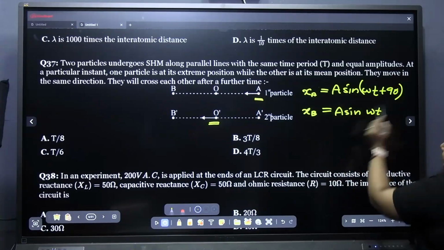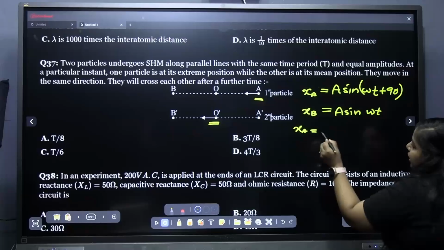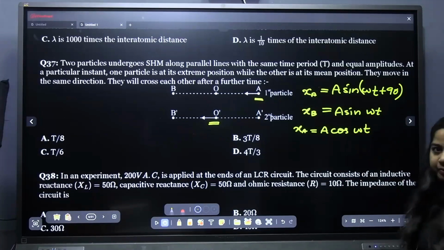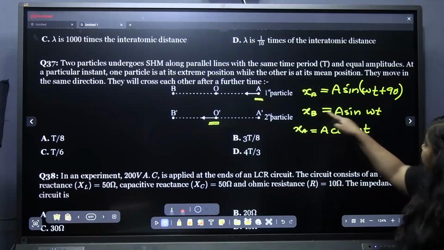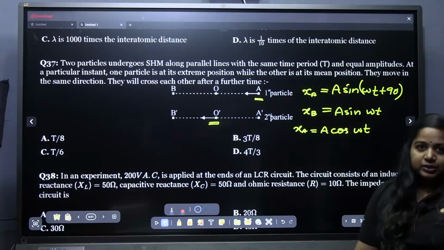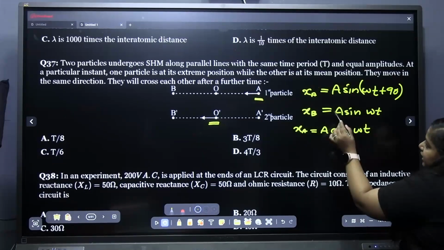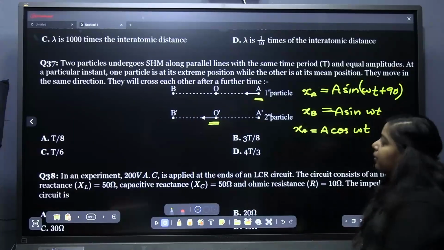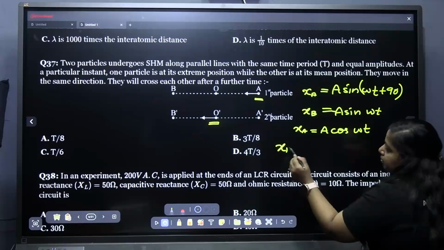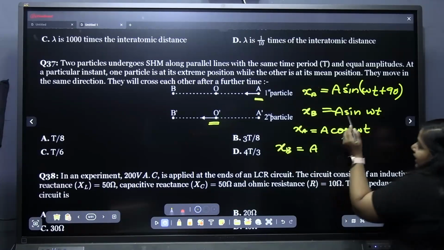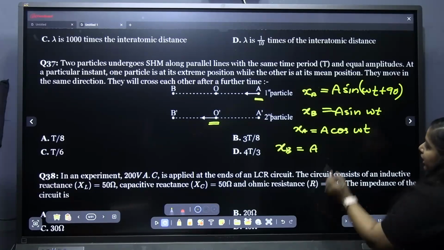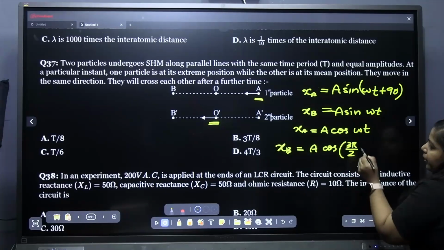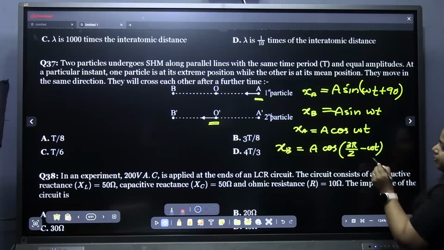Now because of this 90, xa will become a cos omega t. Now to convert b also into cos, it's actually a negative sign because it is going to the negative side. Then we will write xb equal to minus sin omega t. We can write that as cos of 3 pi by 2 minus omega t.